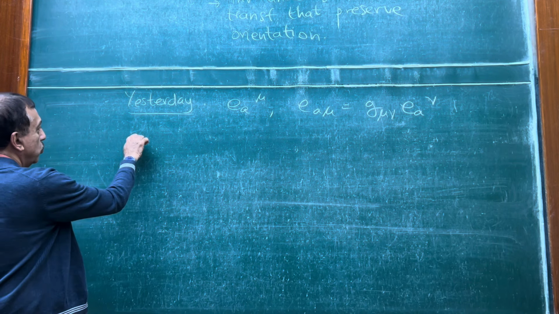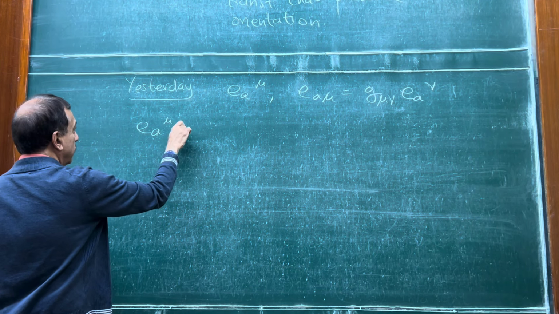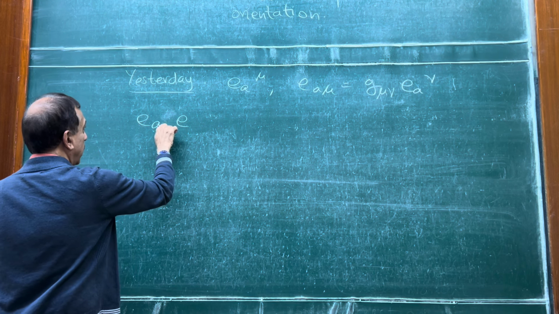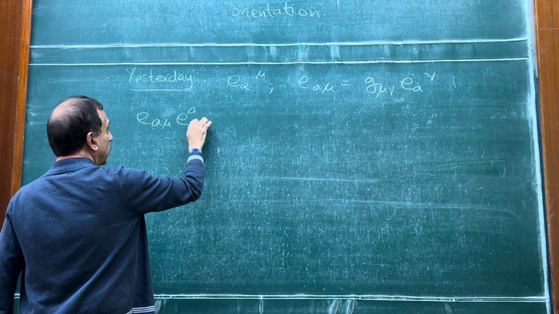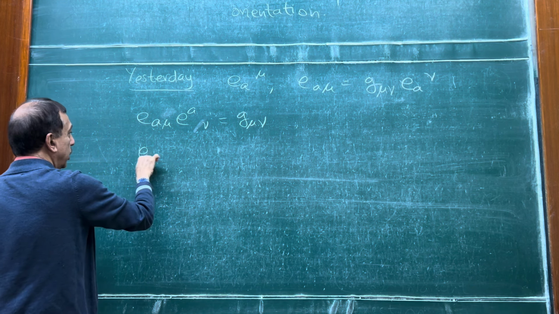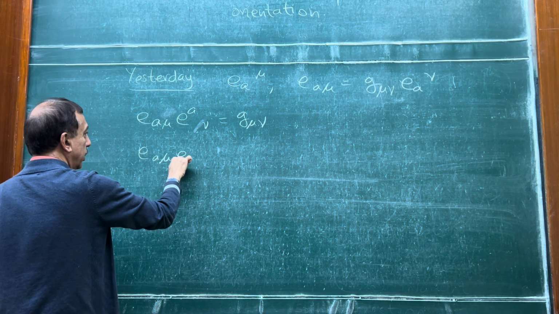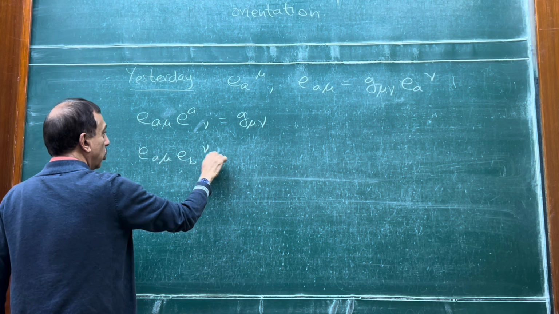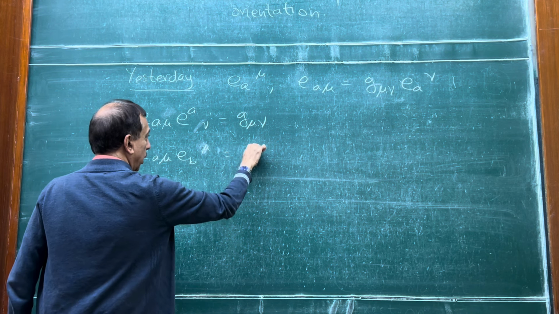And then we have these two main identities: E^A_mu E^A_nu is g_mu nu, and E^A_mu E^B_mu is eta_AB.